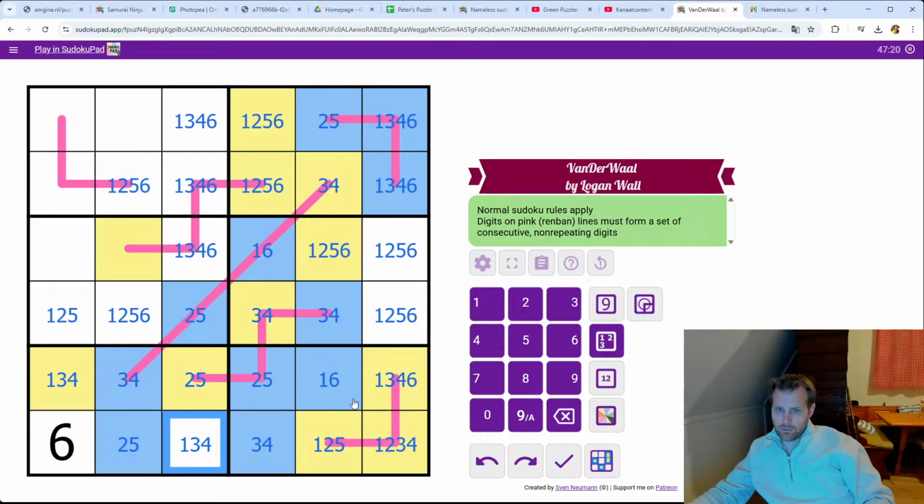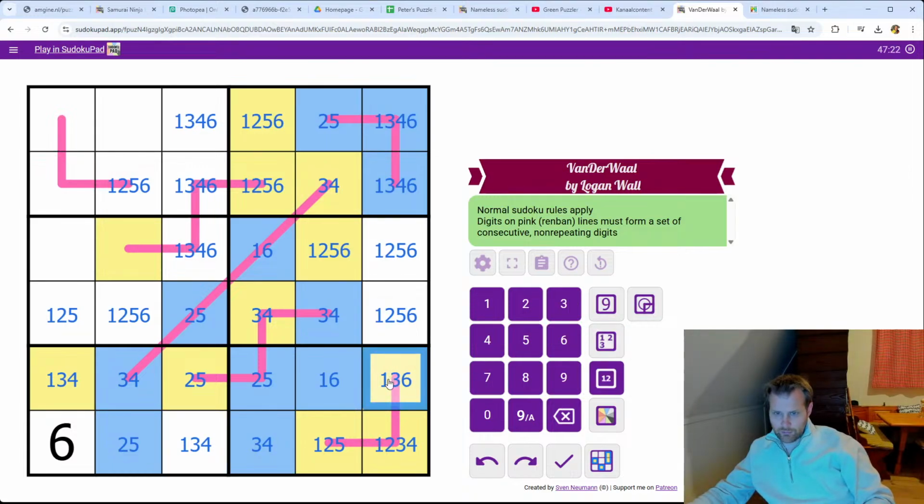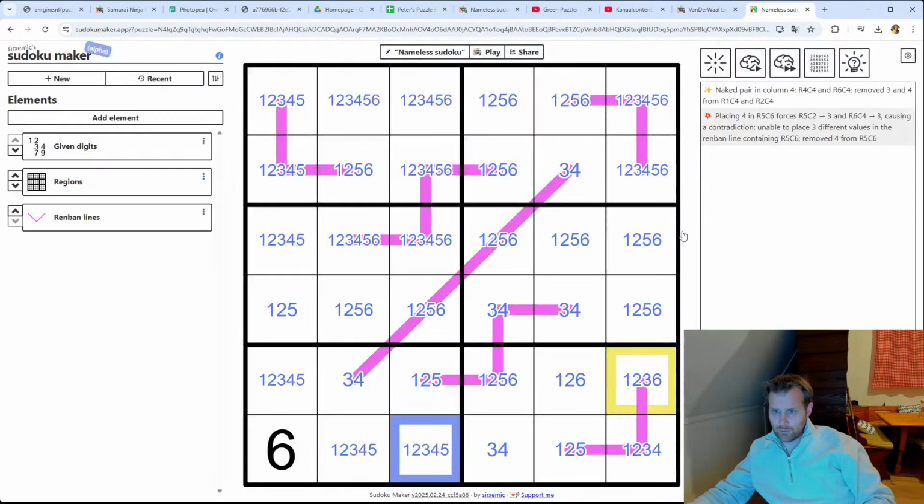Ah, of course, this can't be a 4. So the 4 must be in there, so this can't be a 4. So the 4 must be in there. Okay.